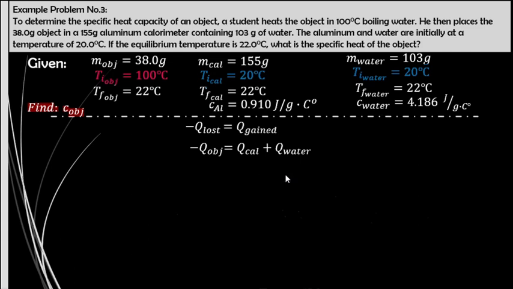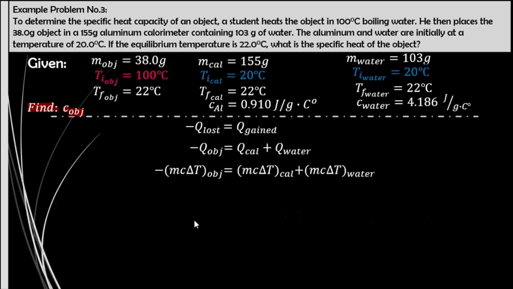Expanding this formula, we will have negative mcΔT, so this is the amount of heat lost by the object, is equal to mcΔT by the calorimeter, so this is the amount of heat gained by the calorimeter, plus mcΔT, or this is the amount of heat gained by water.